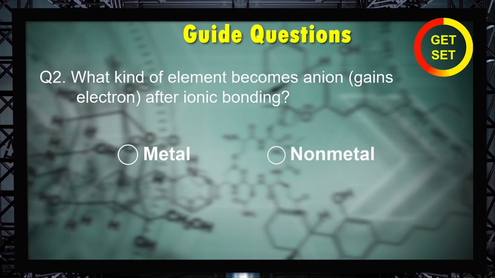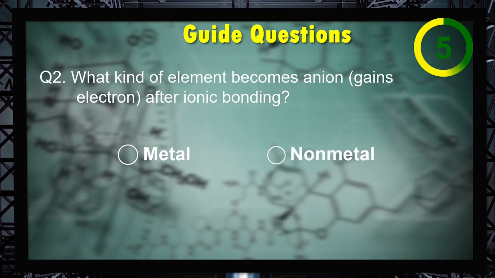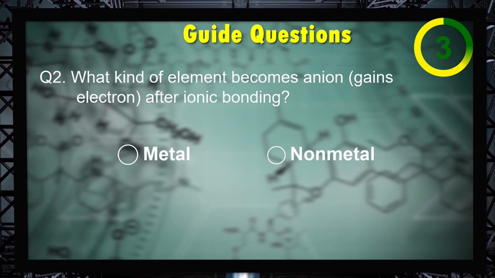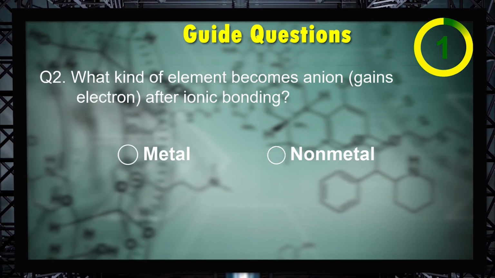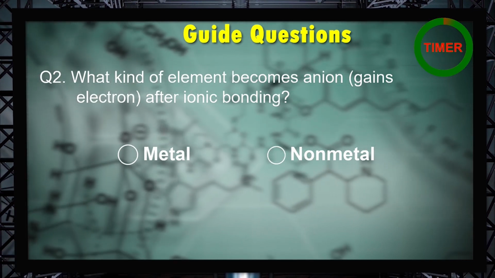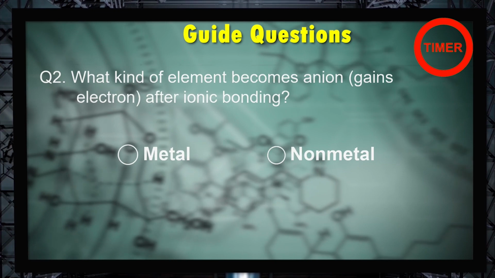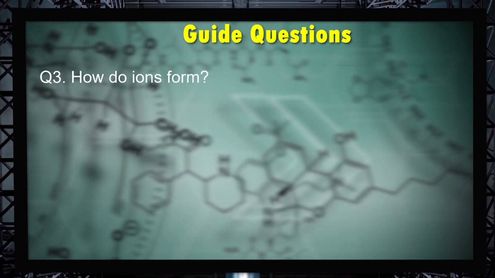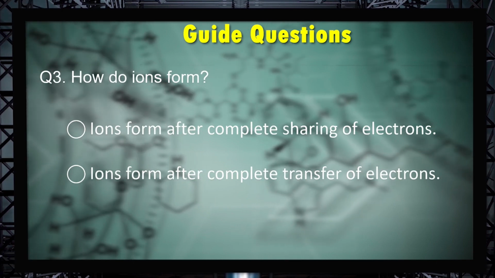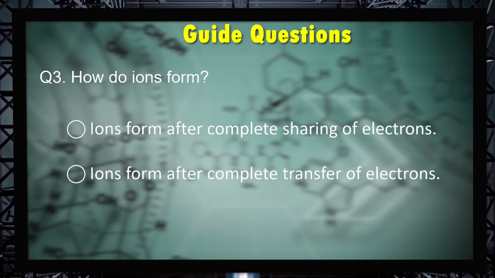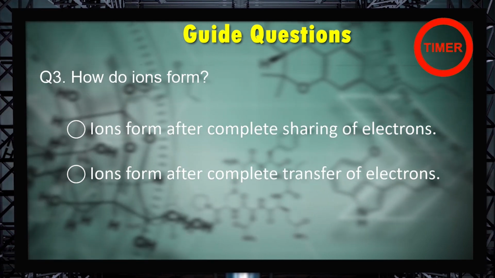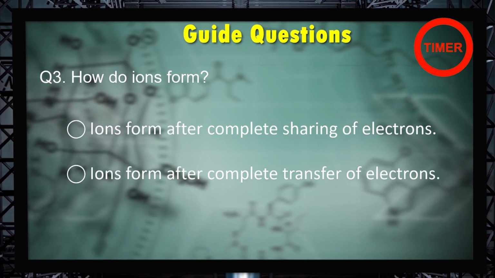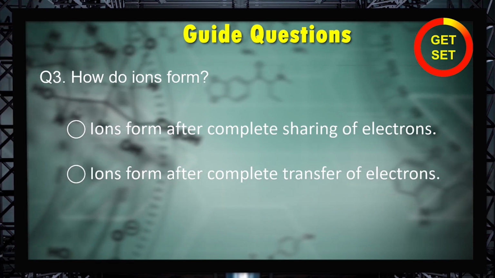Metal, nonmetal. Question 3. How do ions form? Ions form after complete sharing of electrons. Ions form after complete transfer of electrons.